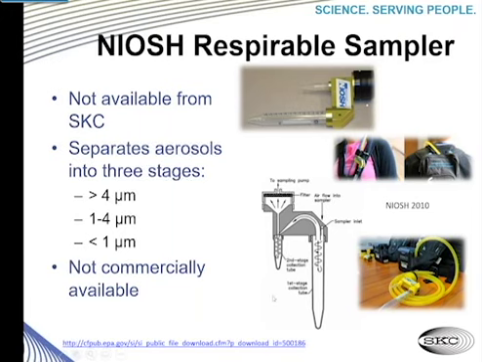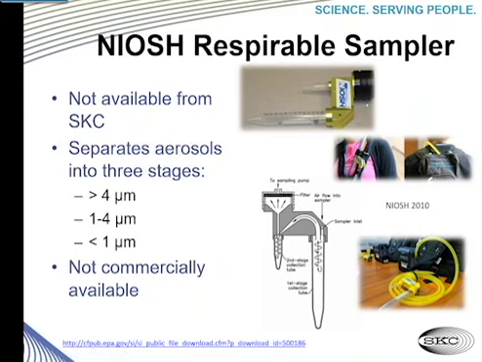In the second stage, which is the one shown right here, particles of 1 to 4 micrometers are collected into a 1.5 milliliter microcentrifuge tube. And particles that are less than 1 micrometer are collected into a 37 millimeter PTFE filter, which is this part right here of the sampler.